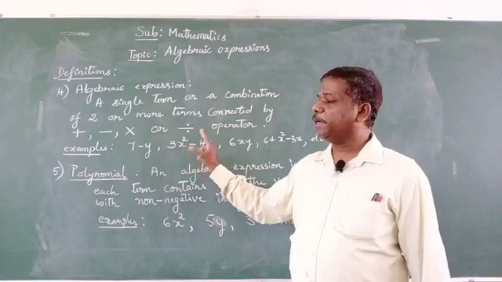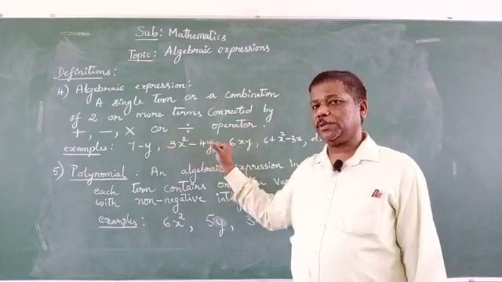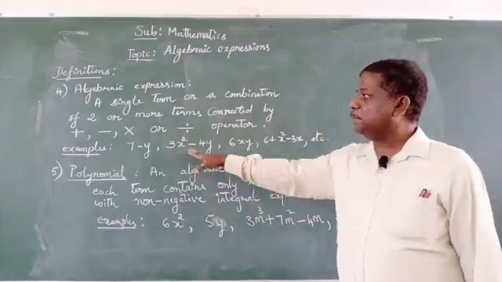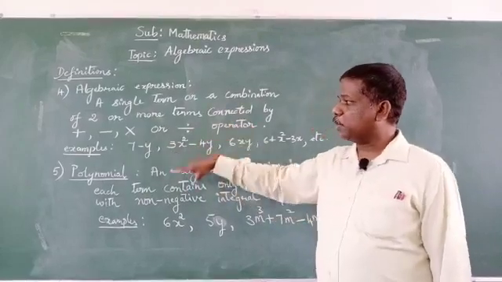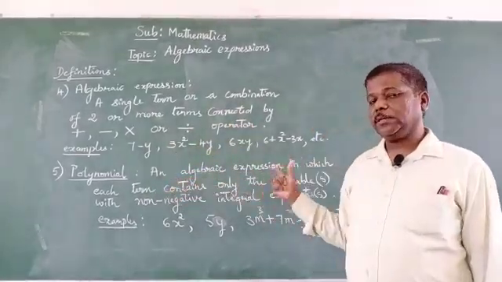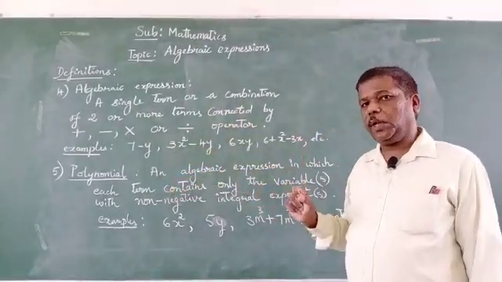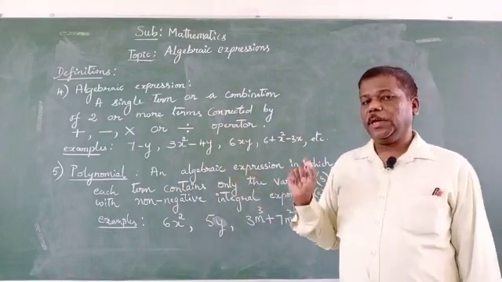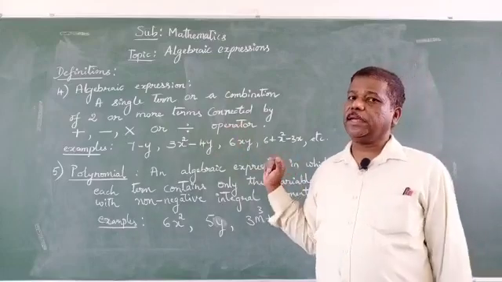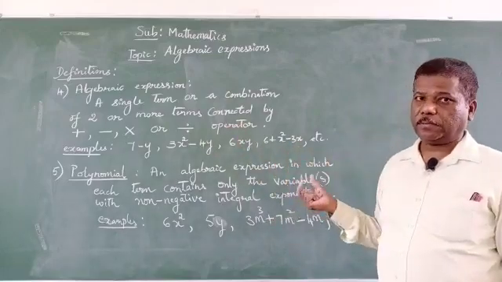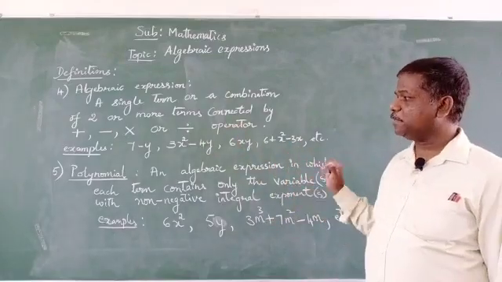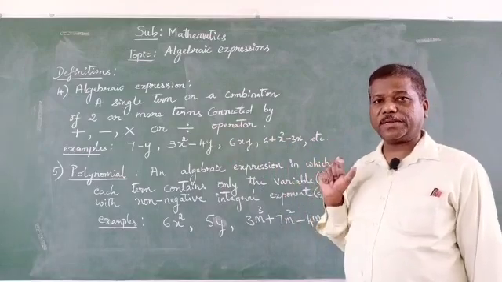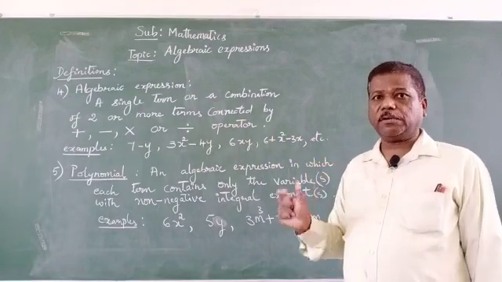So when these two terms with non-negative integral exponents are joined together, this whole thing is called a polynomial. The condition is that to become a polynomial, it should be an algebraic expression, and it should have non-negative integral exponents. If it has these two things, then it is called a polynomial, a general term.